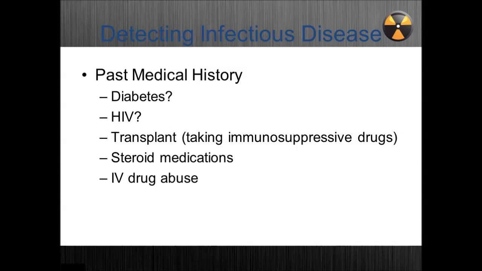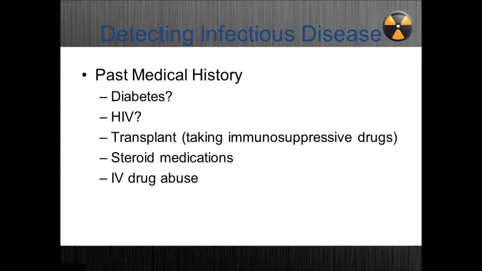All right, what medical problems do they have? There are certain diseases that put you at risk to get more infections. Diabetes is one of them. HIV is another one because their immune system is toast. Transplant patients are on medications that intentionally lower the immune system so they don't reject the transplant organ, but that puts them at risk for infection.